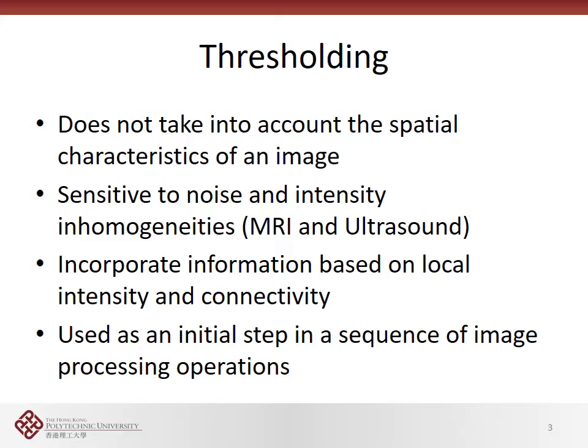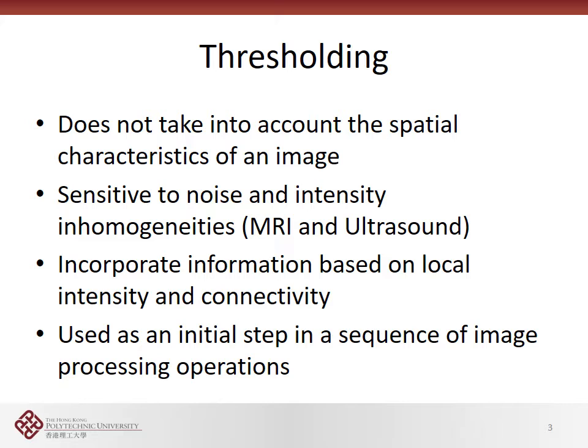But the traditional thresholding methods have some obvious shortcomings. First, they do not take into account the spatial characteristics of an image. Imagine that we have two different tissues located in different locations in an image, but with similar intensity values. If we just use a threshold, it's quite difficult to distinguish these two tissues or organs.